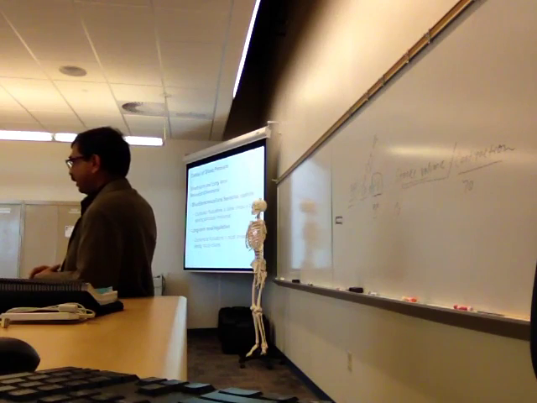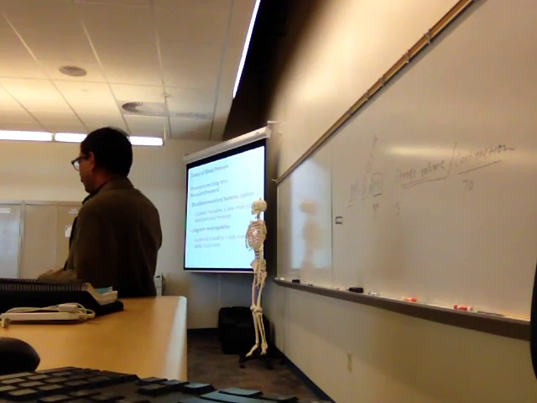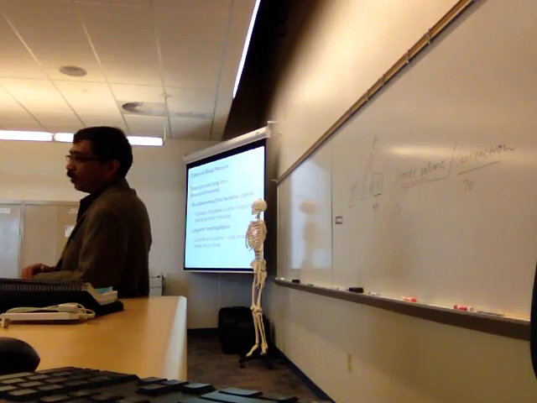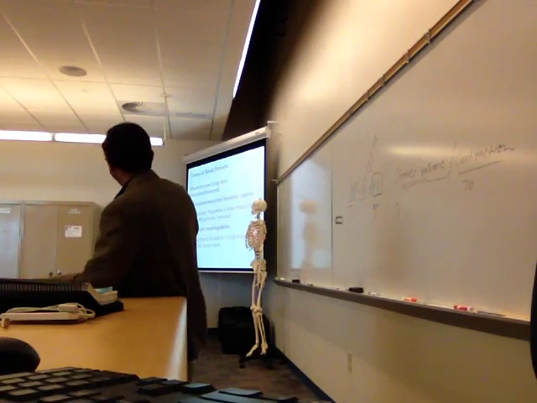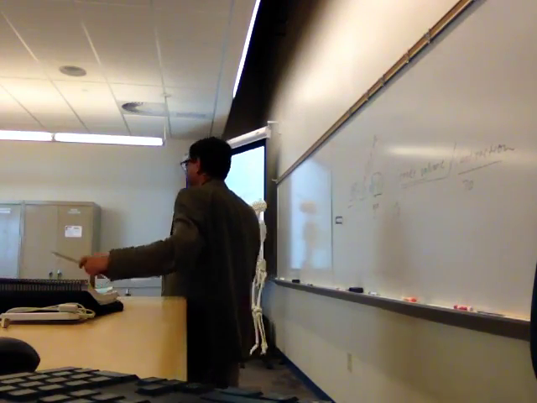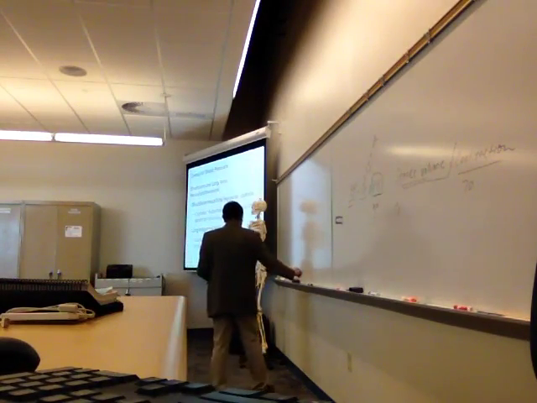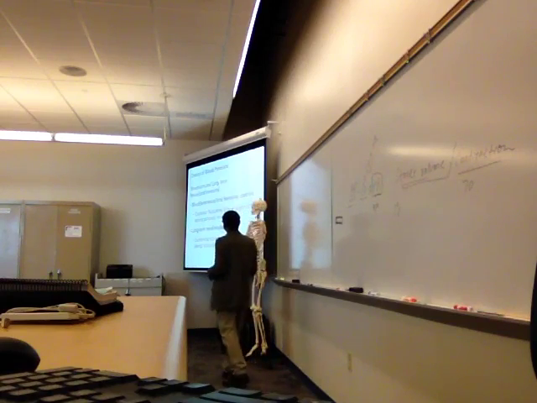So neural and hormonal, short-term regulation. If your blood pressure goes down suddenly, your nervous and endocrine systems will quickly try to fix that, okay? Another regulation that works slowly is called the renal regulation. That is the long-term regulation, much slower than the nervous and hormonal, okay?